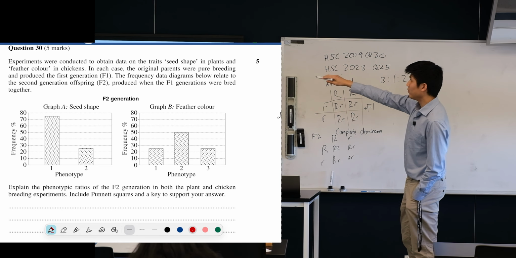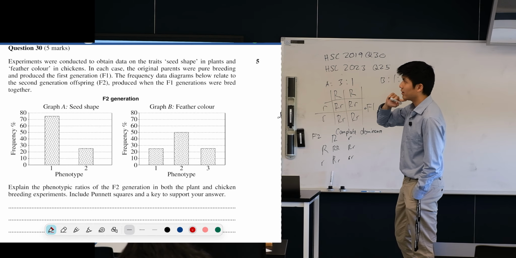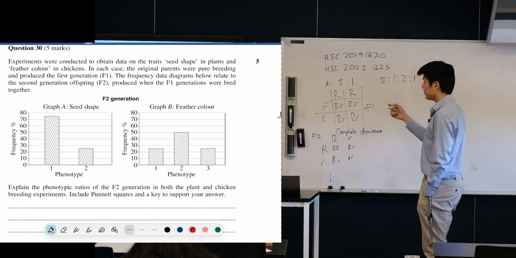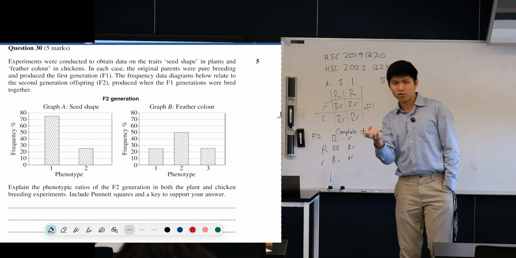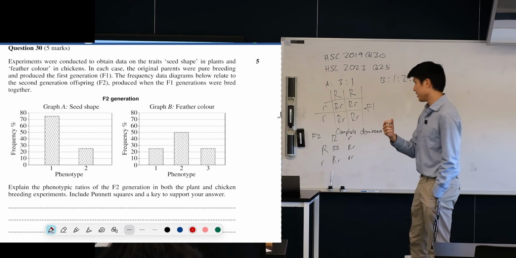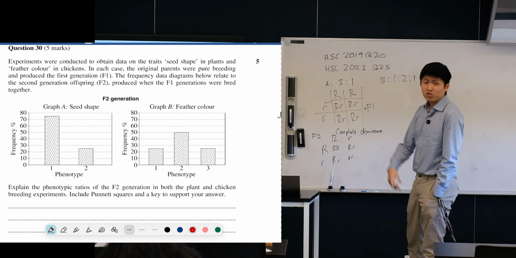Feather color. Again, we have 2 original parents that are pure breeding, and then they make the first generation. Because the ratios are split, I'm going to assume that the pure breeding parents were still homozygous, but they were different types of homozygous. So let's just use blue and red.